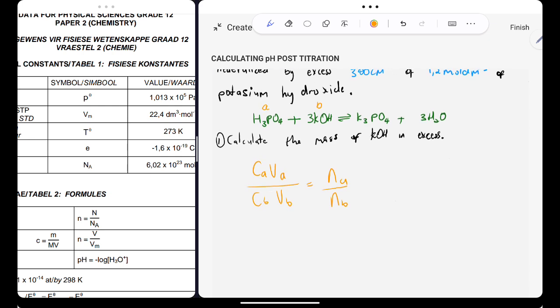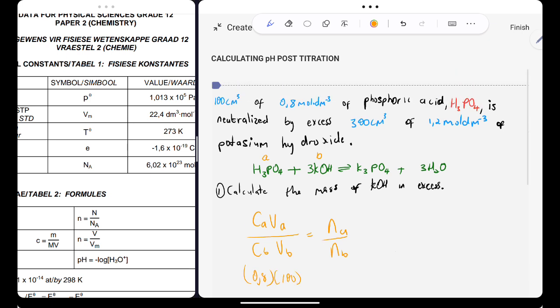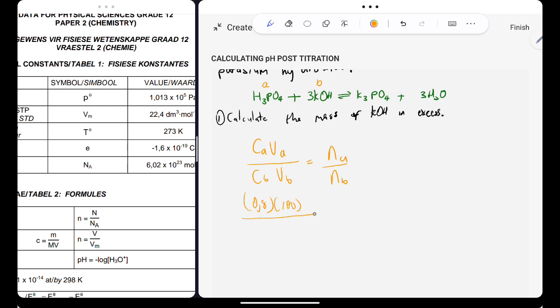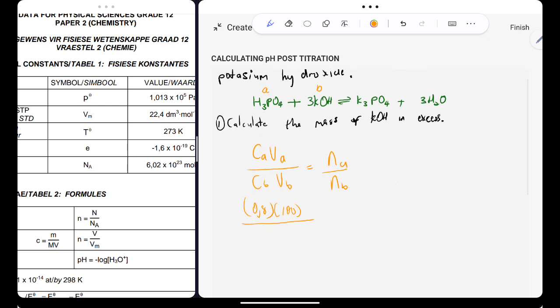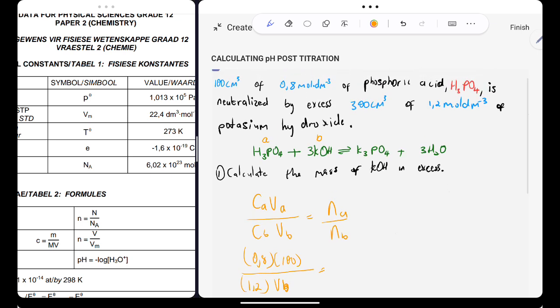So I know that the concentration of my acid is 0.8, the volume is 100 cubic centimeters, and the concentration of my base is 1.2. I want to know how much volume was used for me to neutralize the acid.